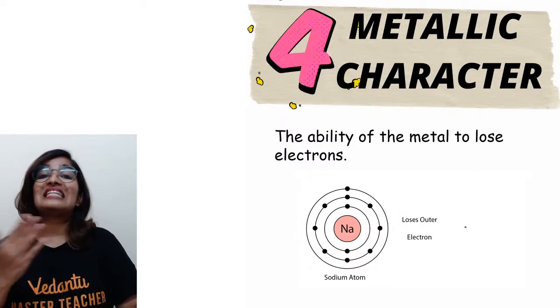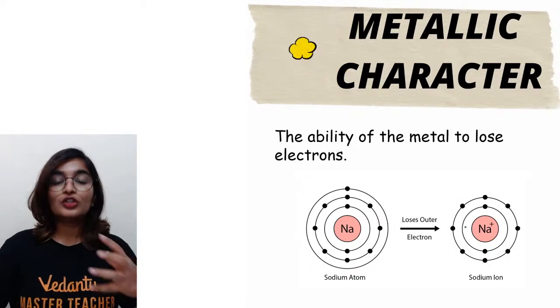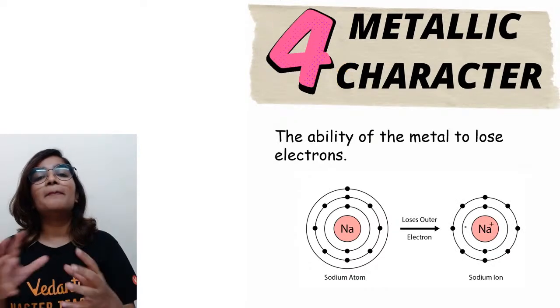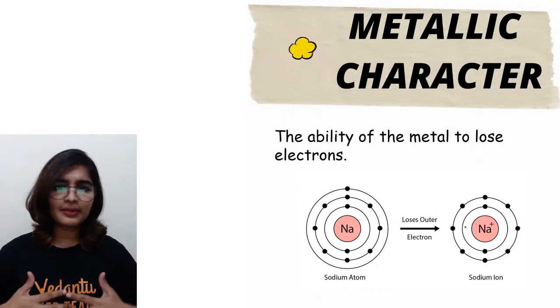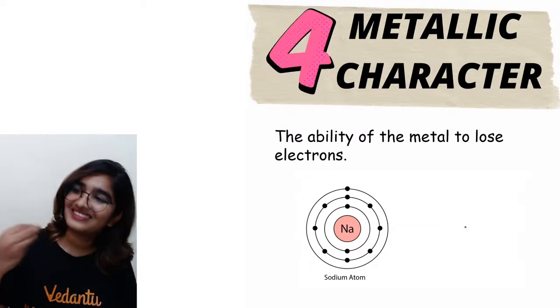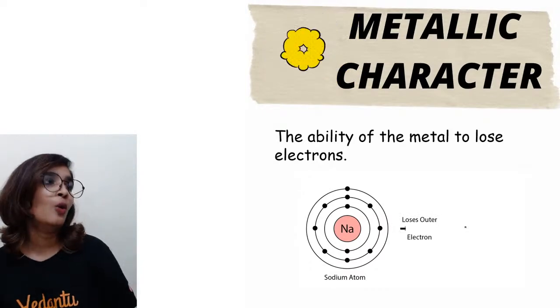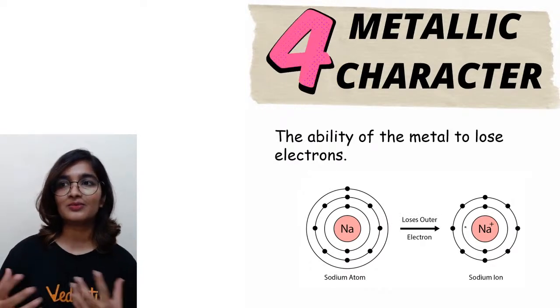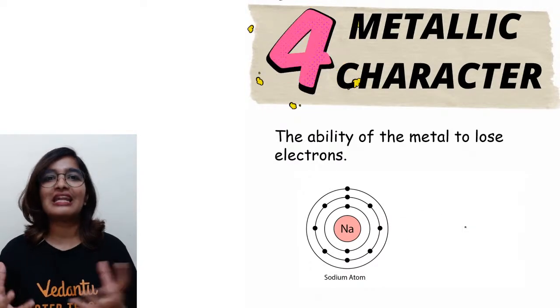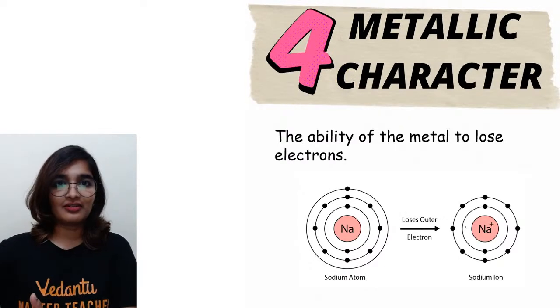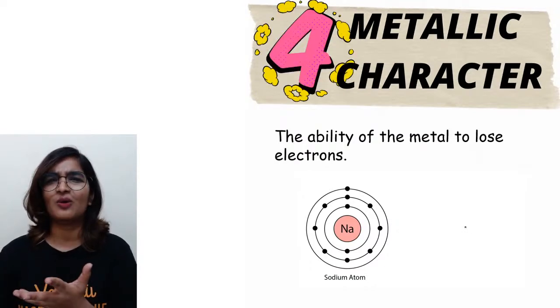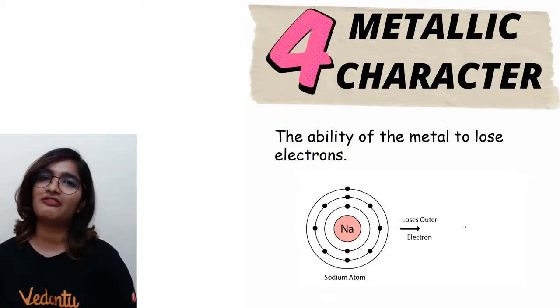And what is metallic character? How easily a metal can lose electrons. Sometimes some people are like, you want it, take it, but a few are like, no, I won't give you. When it comes to siblings and sharing things, there will always be one sibling who is ready to give, no matter what you ask for, money or clothes or shoes.